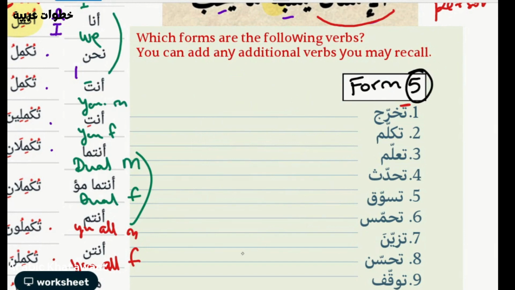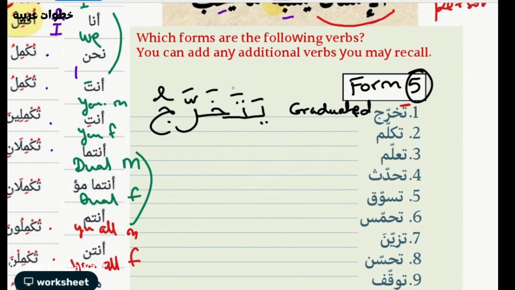So this is form 5. Takharraja, graduate. So it's the past. If I want to say the present, I say yatakharraju. The present tense gives me the code that I need to put on the other verbs.